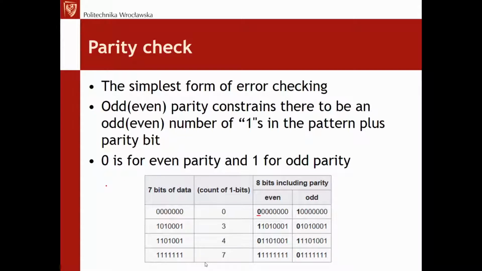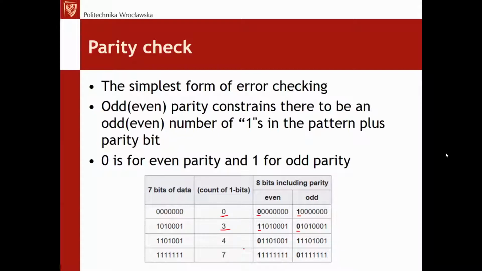Depending on the number of ones, we get either 1 or 0, as you can see here in the example. If there are no ones, it's even. In the even parity we get 0 as the parity bit, and in the odd parity we get 1.